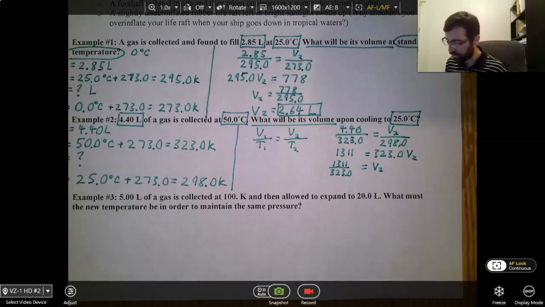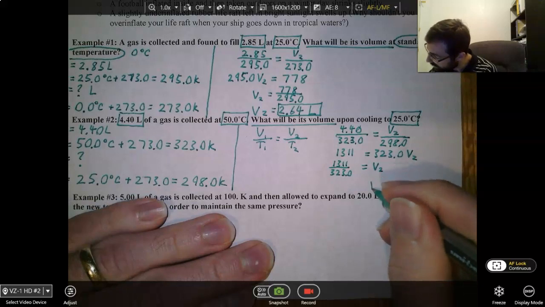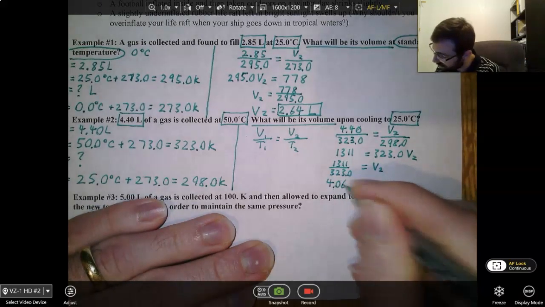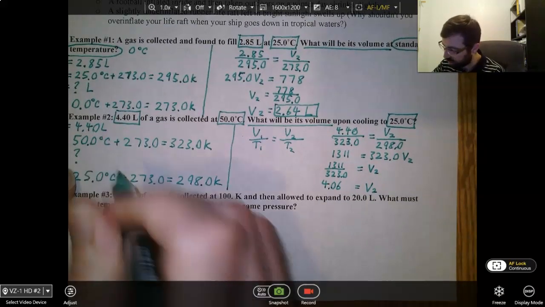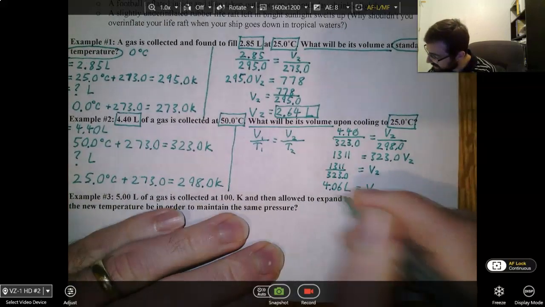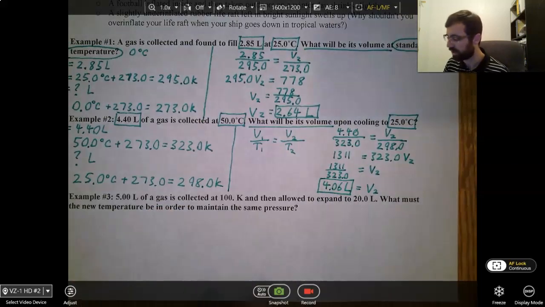You get 4.06. V2 equals 4.06, and our units for volume are going to be the same as they were in V1, so that would be liters. 4.06 liters. Let's move on to the next one.